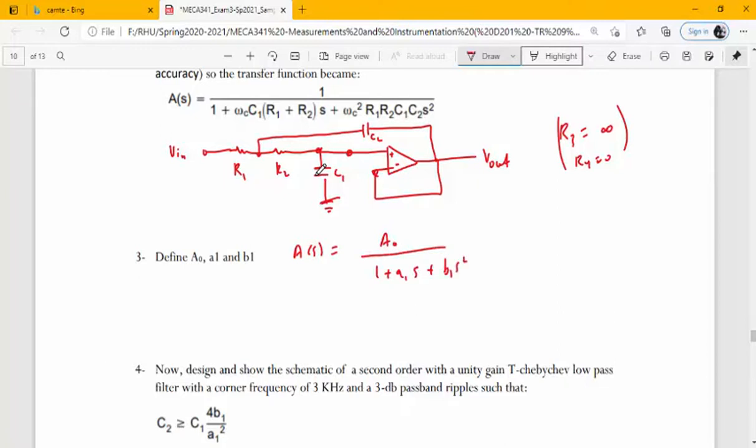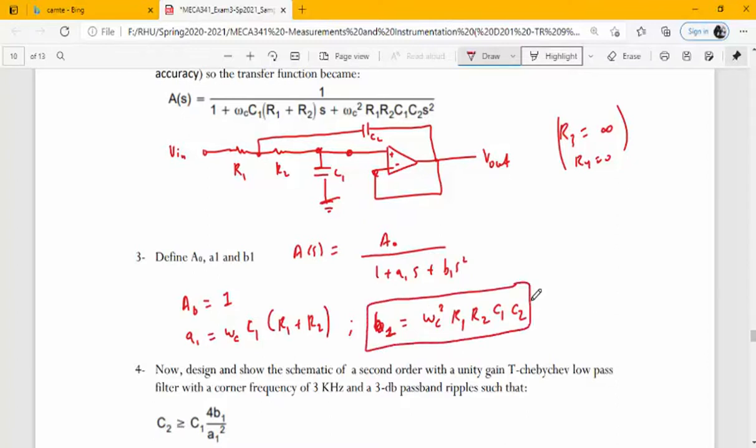By comparison, A0 is equal to 1, A1 is equal to omega C, the cutoff frequency, times C1 times (R1 plus R2), and B1 is equal to omega C squared times R1 R2 C1 C2. Okay, good.